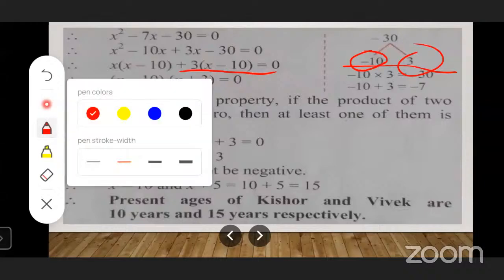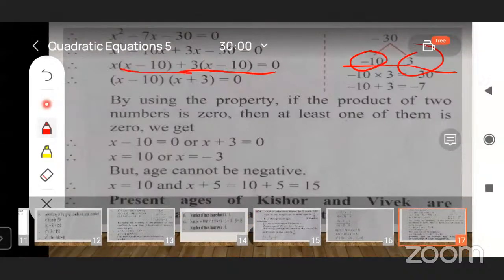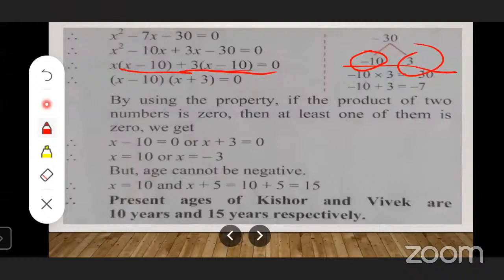Now again you can clearly see here x minus 10 and x minus 10 is common here. Again you are taking this out as common, x minus 10, right? So what is remaining behind? X and plus 3. So x minus 10 into x plus 3 is equal to 0. So now you know the property. Which property?